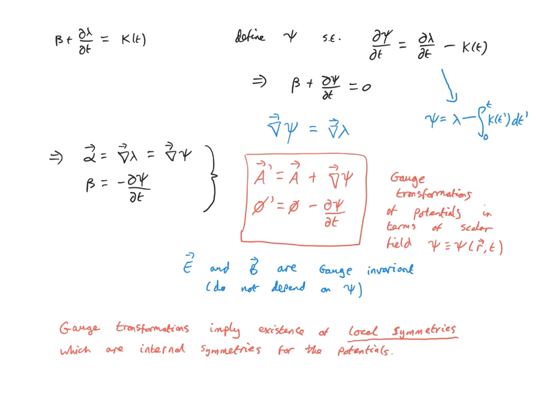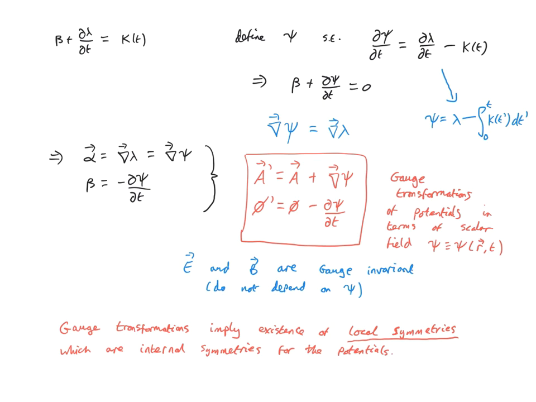And of course, it's rather interesting that the fundamental objects of our theory, which are these potentials, have within them this internal symmetry, whilst the observable quantities, which are the fields, the electric and magnetic fields and the forces and so on, the energy and so on, are actually blind to these internal symmetries.